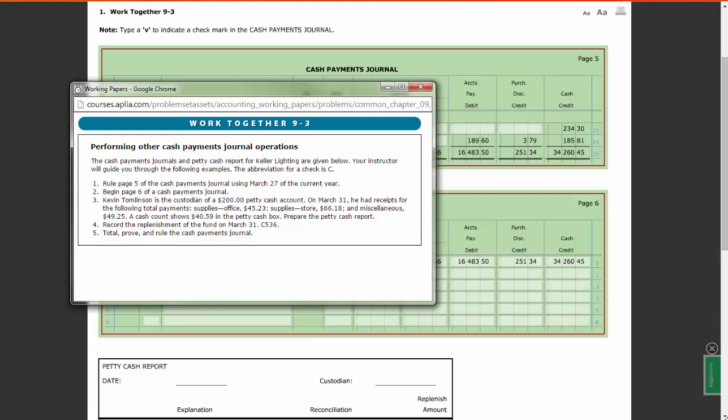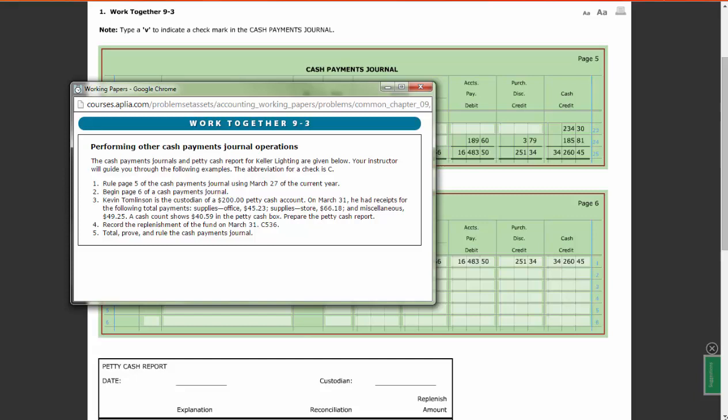So what we have to account for is being human in our petty cash, because it's not always going to come out nice and simple. We have to compare what our receipts say. We add up our receipts, and then we have to know the physical amount of cash that is in our petty cash drawer.